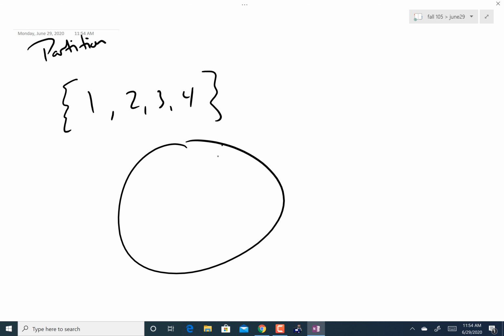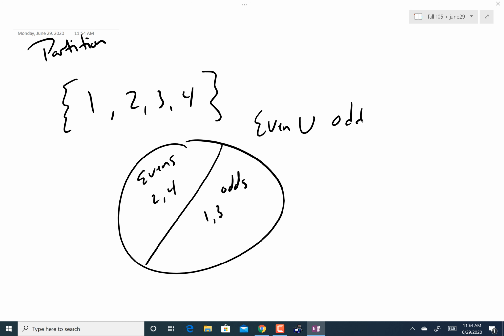A partition might look something like this: the evens and the odds. Together, the union of those two sets, the evens put together with the odds, equal the entire set. So you can partition it off. Anytime you do that, that's what's called a partition.